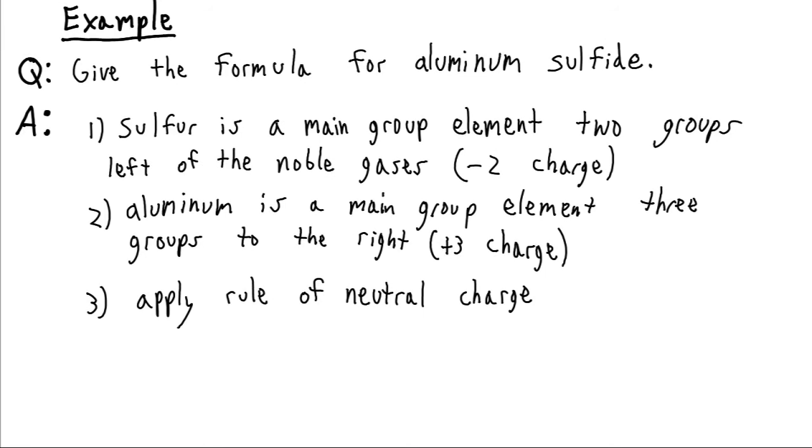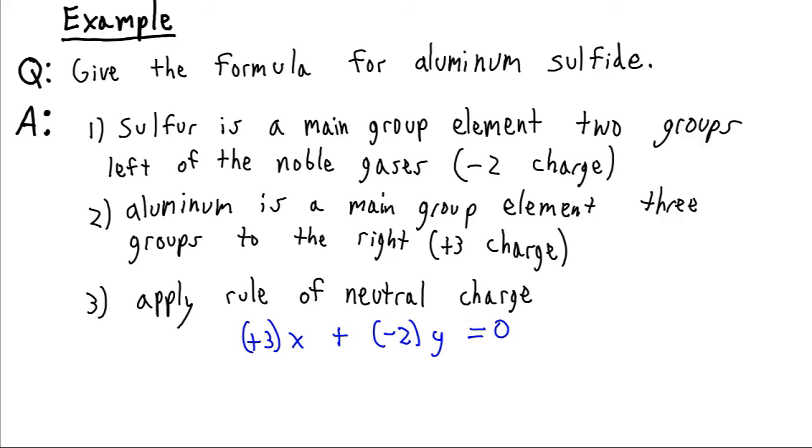So what we've written down so far, we know that aluminum, our cation, is +3 charge. We don't know how many aluminums there are. We know our sulfur is -2 charge, and we don't know how many sulfurs there are. And we know when we add them together, this all has to add up to 0.